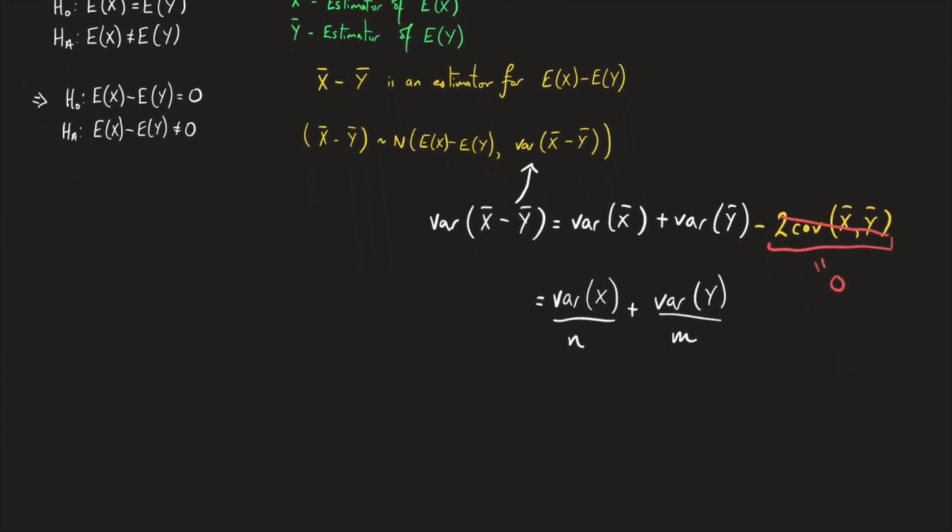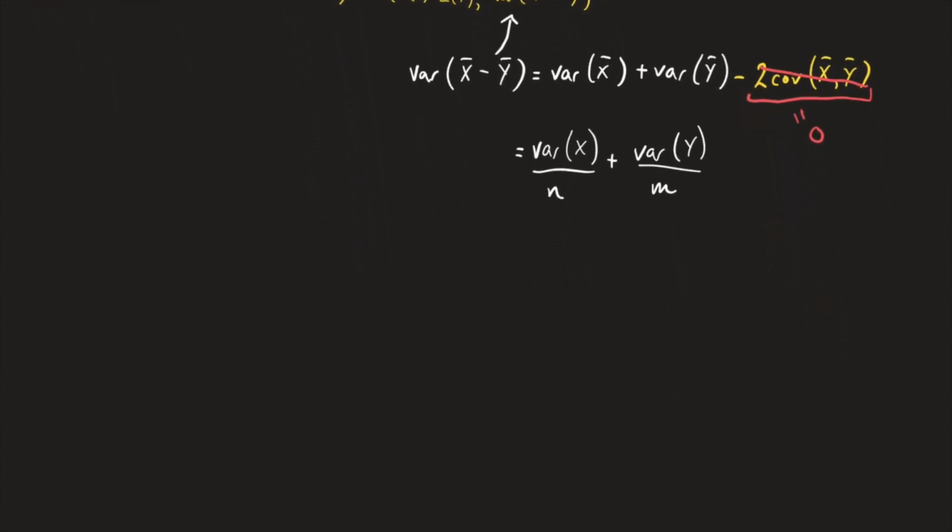Now, the last thing to note is we probably don't know what the variance of x and the variance of y are, so we would need to estimate them. And s squared x is just going to be equal to 1 over n minus 1, so 1 over the number of males minus 1, times the sum of the xi minus x bar squared, where xi is the observation of the ith male.